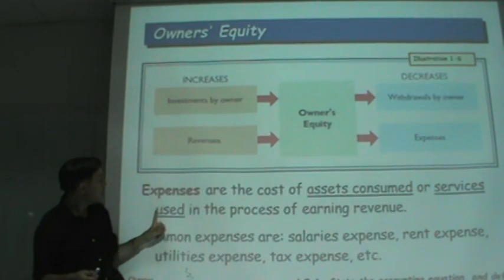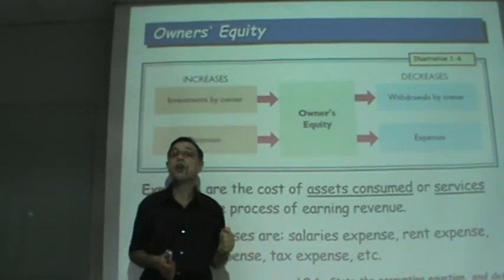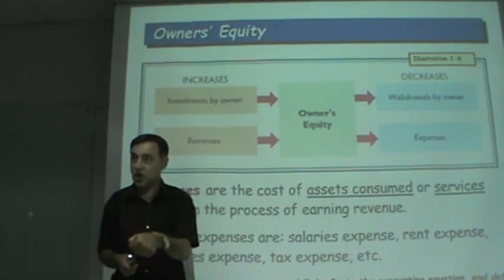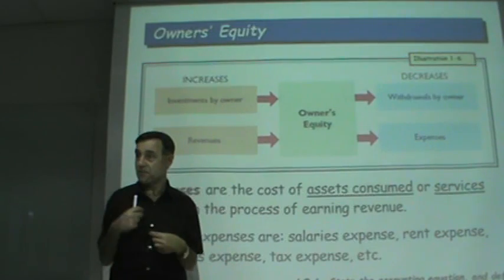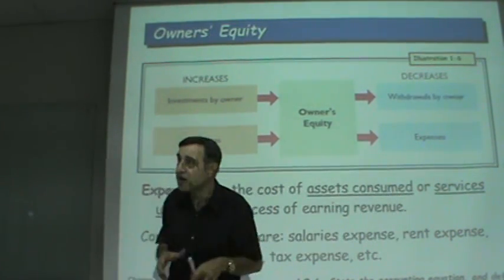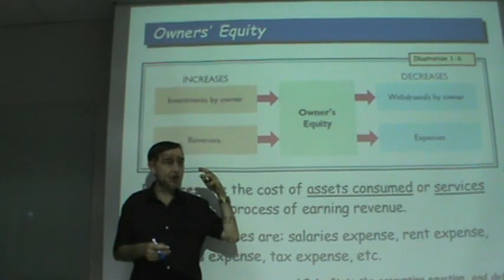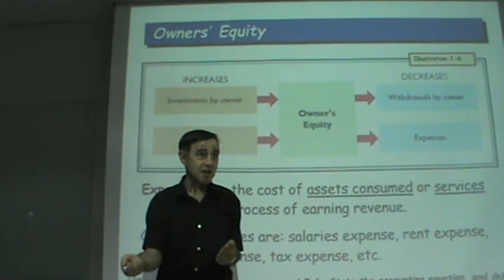And here's the key to expense. Expense is used in the process to make revenue. So, you have to generate revenue. It's got to be spent to make money. This is what is well known in America from hundreds of years ago, where they say you got to spend money to make money. Okay?